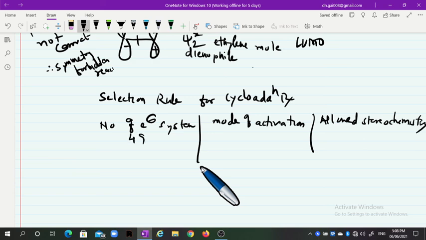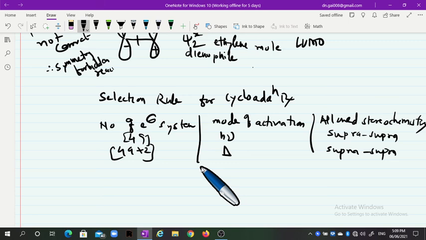For a 4q system, the photochemical reaction is supra allowed, and for a 4q plus 2 system, the thermal reaction is supra allowed. If the system is 4q, it is photochemically supra allowed, and if the system is 4q plus 2, it is thermally supra allowed. That is the selection rule for the 4 plus 2 cycloaddition reaction.